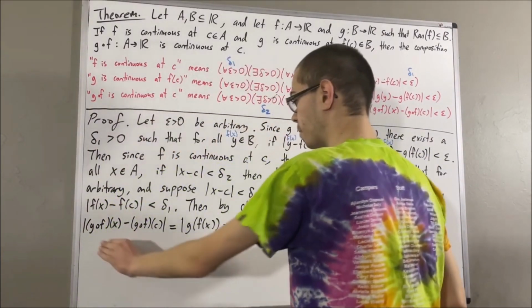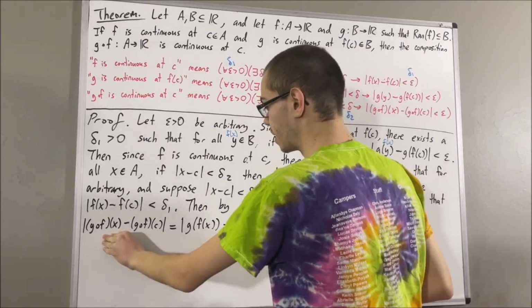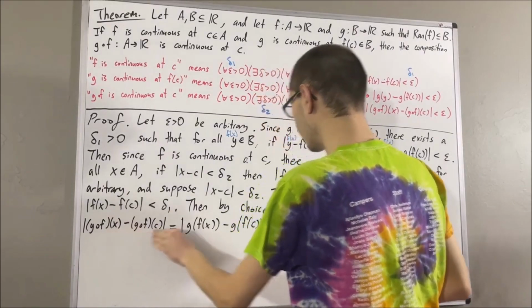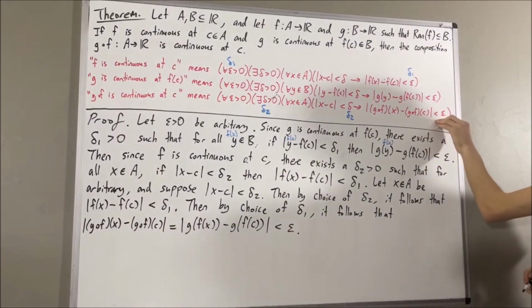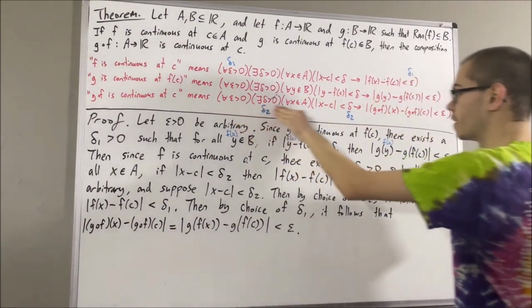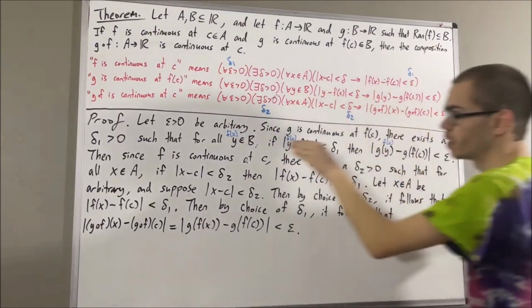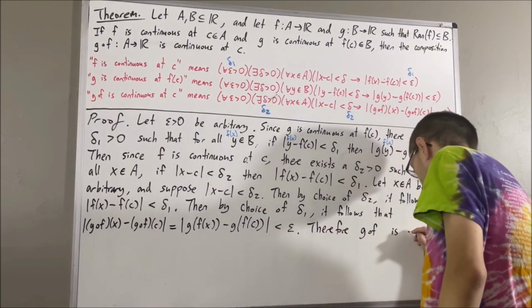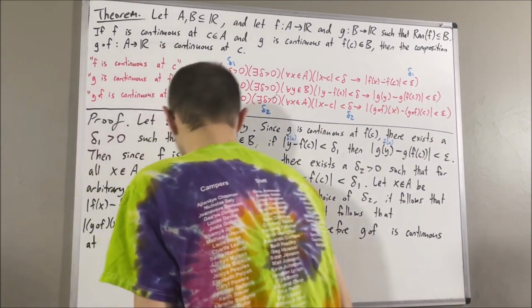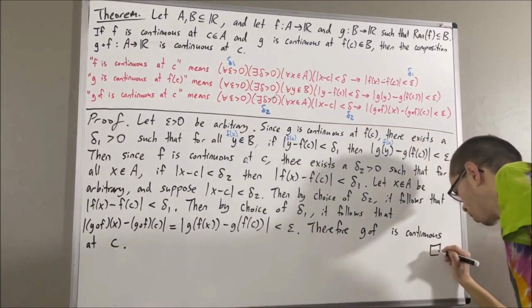So this shows the absolute value of g compose f of x minus g compose f of c is less than epsilon, which is exactly what we wanted. So we have proven this statement, which means we have proven g compose f is continuous at c. And so this completes the proof.